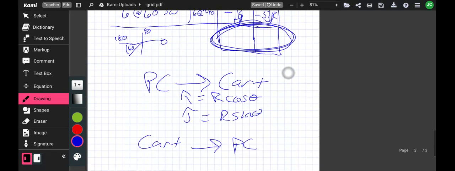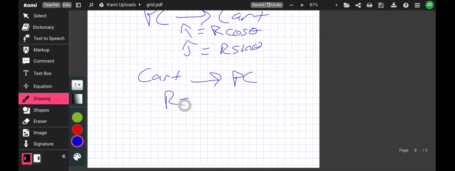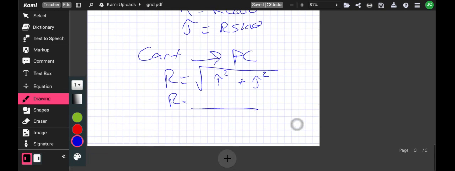To get it back into PC, you're going to use r is equal to the square root of your x component value squared plus your y component value squared. So your i hat, j hat value. So r ends up equaling a value. And then theta is always y over x. So it's the arctangent of your y component divided by your x component.